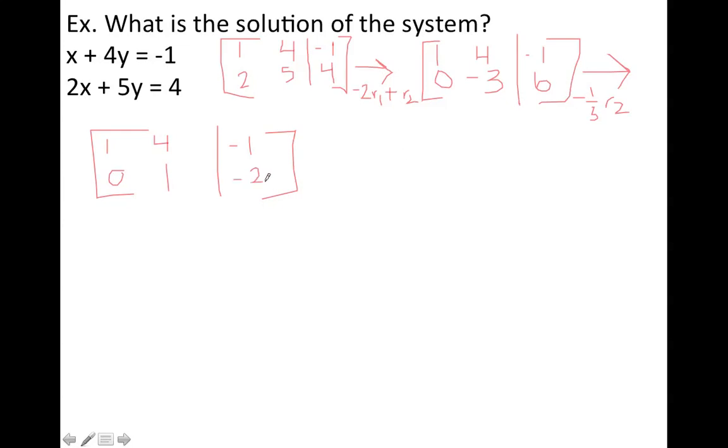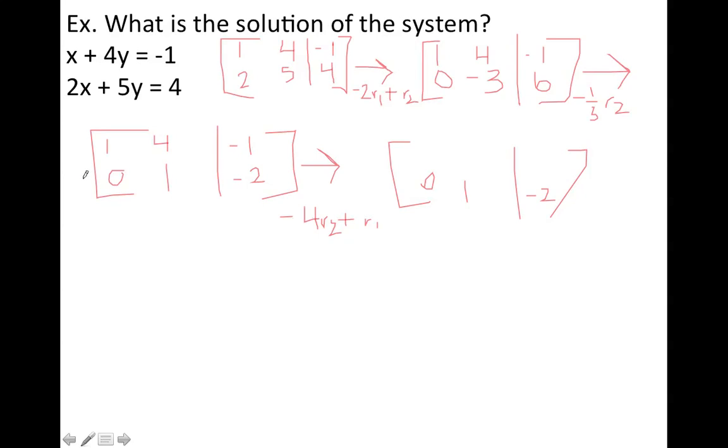So we have completed row 2 because we needed a 0 and a 1. But we still need to get our top row to be 1, 0. So we need to multiply row 2 by negative 4 and add that to row 1. So again, we're not doing anything different to row 2, so that stays the same. So we'll have 0, 1, and negative 2.